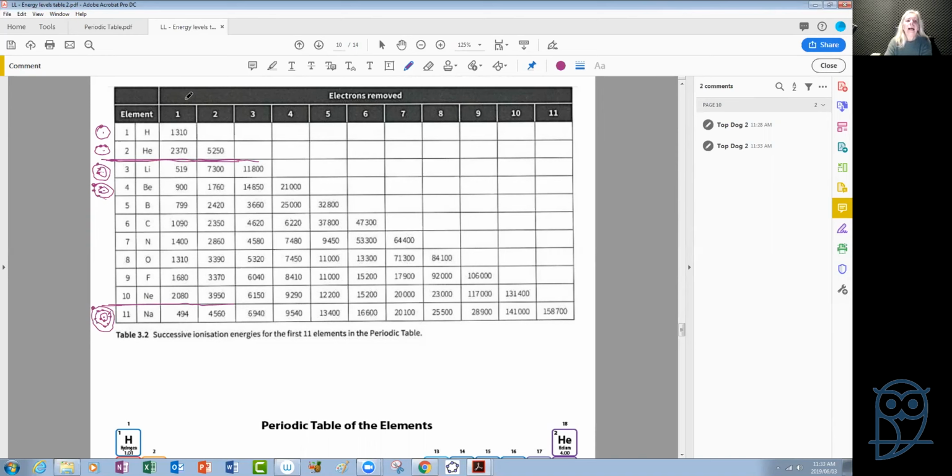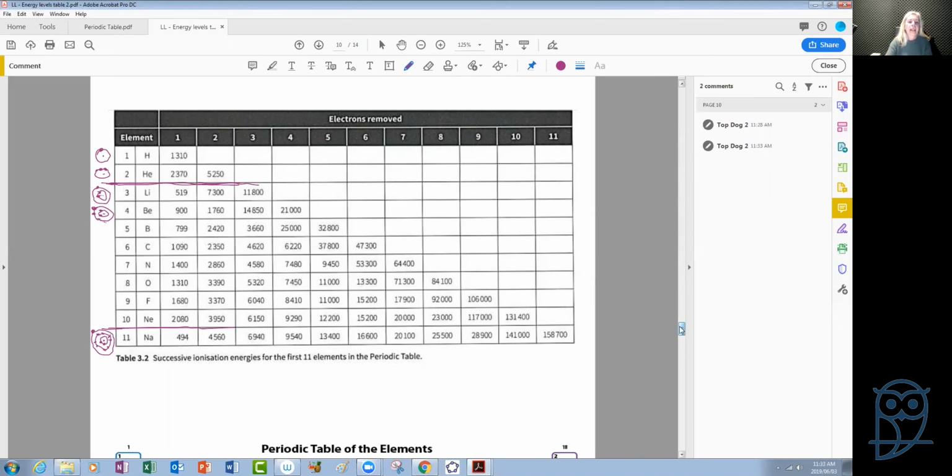Now, the first column, this column here, corresponds to values of the first ionization energies.